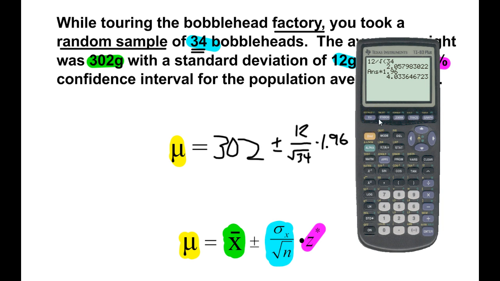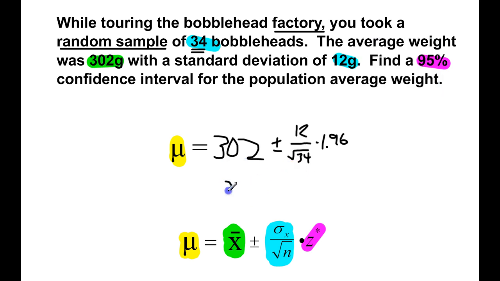And what we're going to do is we're going to say that based on the other precision that we're given here, 4.0 will be more than precise. So we have 302 plus or minus 4.0. That's going to be then the margin of error. And that is a confidence interval of a mean.